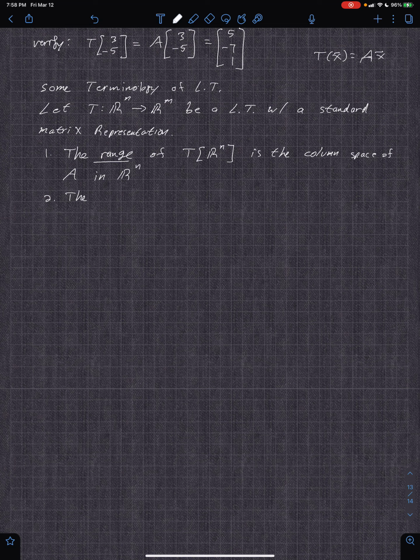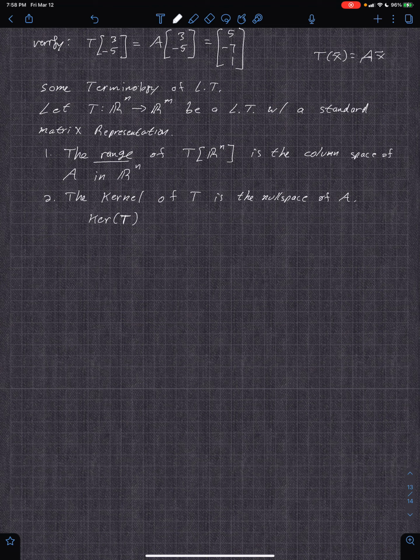Okay, so what's called the kernel, first time you introduce that, the kernel of T is the null space of A. And it's abbreviated ker T. And then we will look at that more generally speaking.